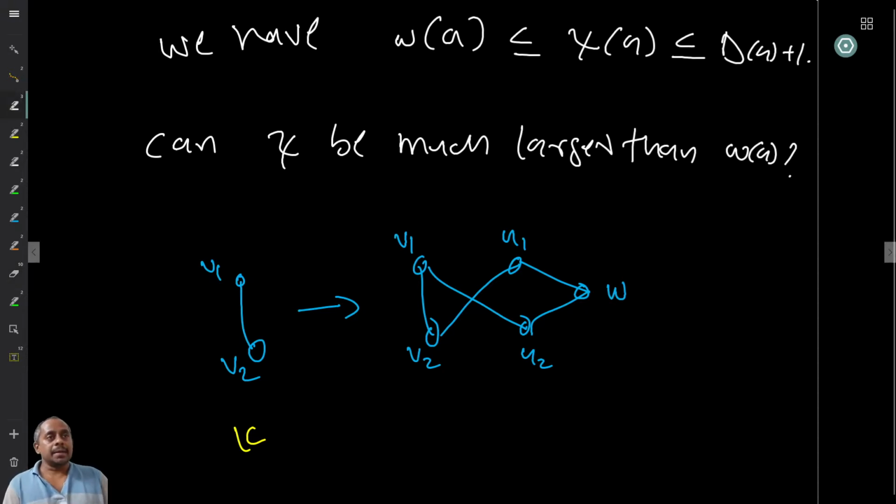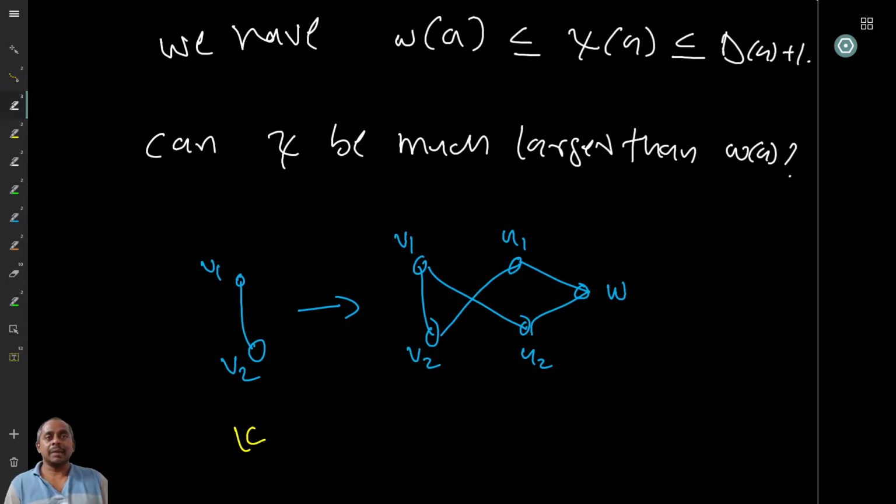Now, given any coloring, this is one property of coloring. Let's say using colors red, blue, green, etc., I can always change the names of the colors. All the red vertices I am going to call new green, and all the green vertices in the original graph I am going to call red.